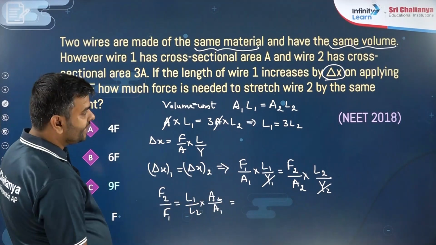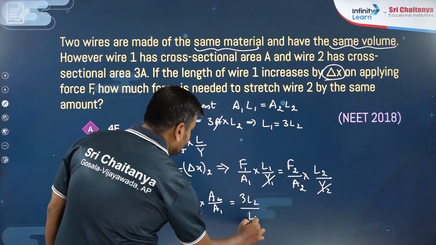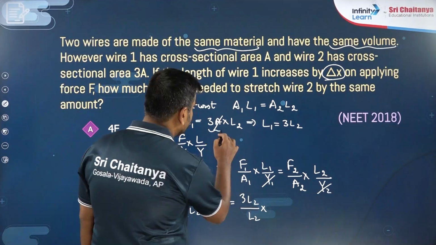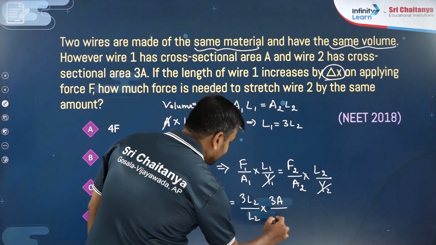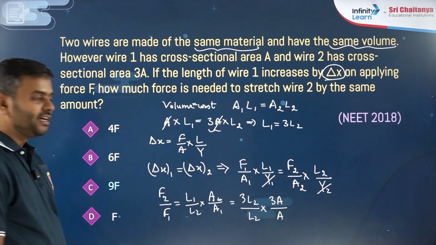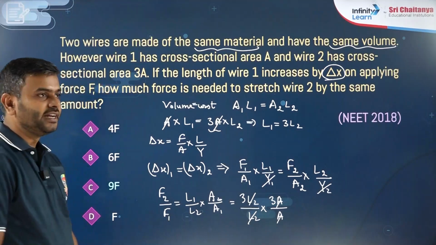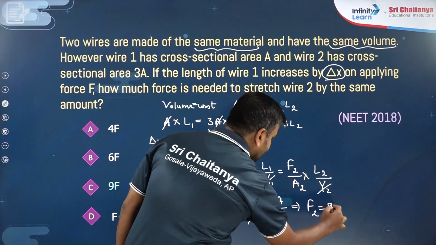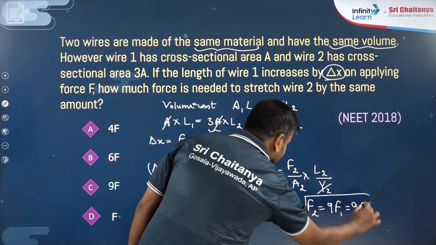We have L1 value 3 times L2, and A2 value is given as 3A, divided by A1 value, which is A. So L2 we can cancel, A we can cancel, and 3 into 3 is 9. So we are getting F2 equal to 9 times F1, and F1 is given as F.